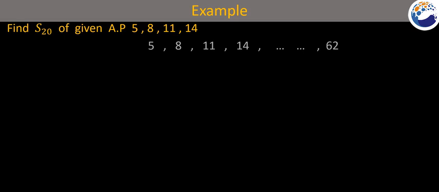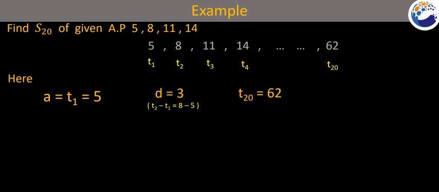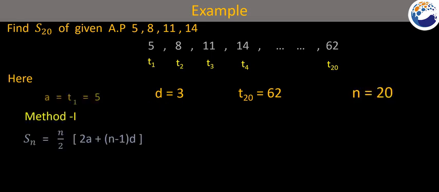Example: find S20 of the given AP 5, 8, 11, 14. Here a is equal to 5, d is equal to 3, n is equal to 20. Method 1.